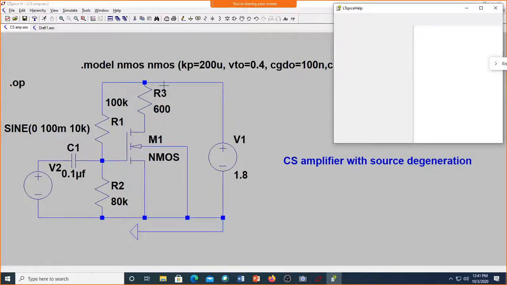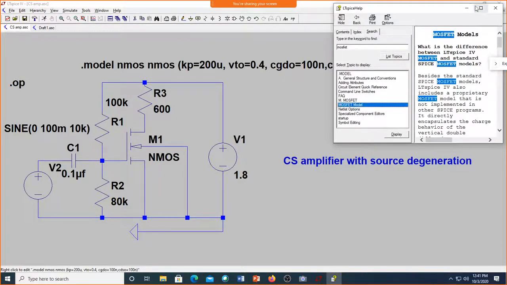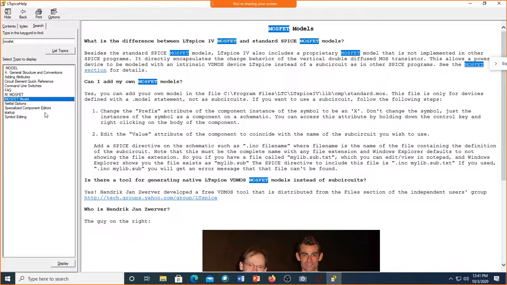Let me search for MOSFET. Okay, you can see there is a model. Let me show you that.